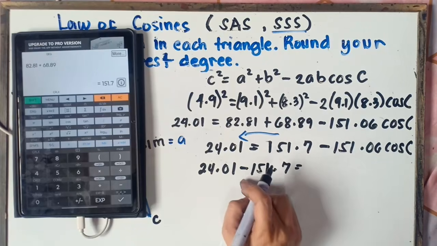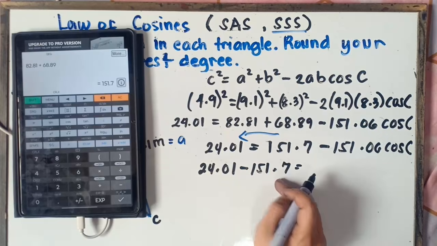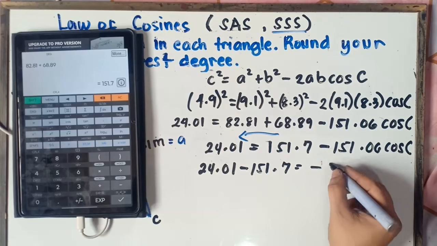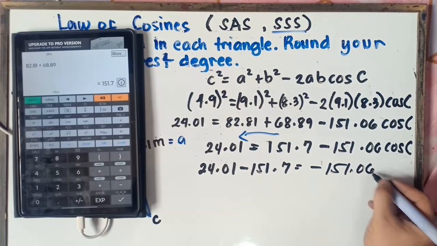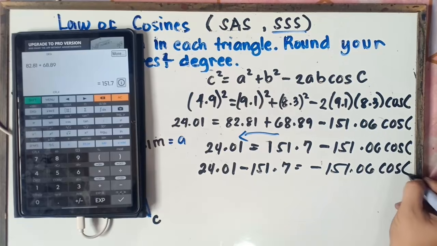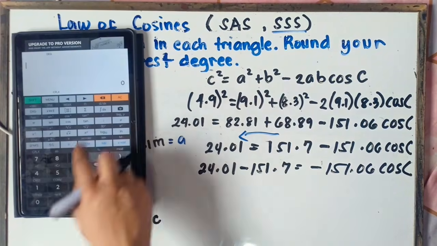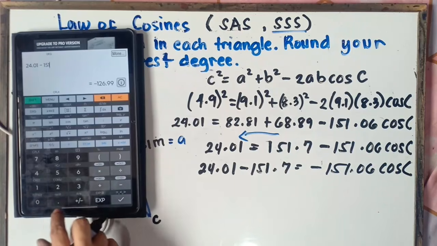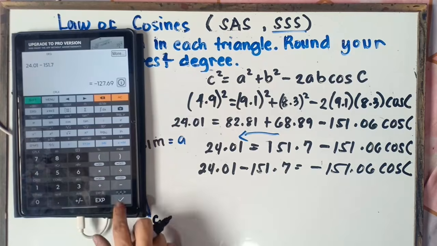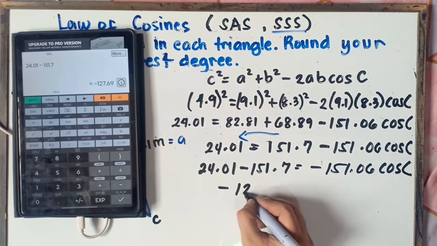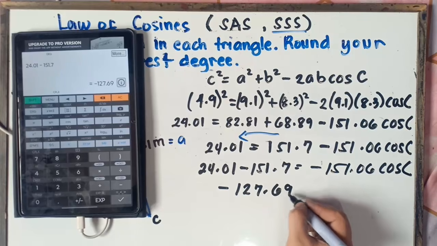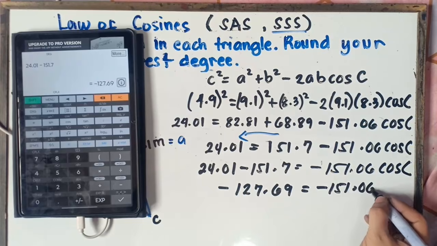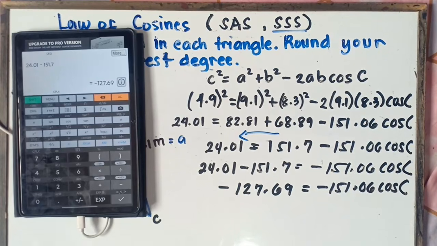So negative 151.7 equals negative 151.06 cosine angle C. And then simply subtract 24.01 minus 151.7. So you will have negative 127.69 equals negative 151.06 cosine angle C.